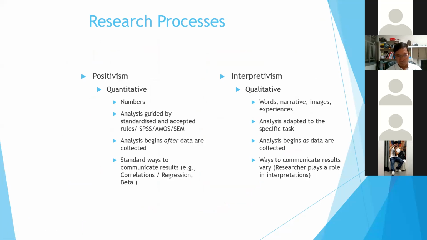There are many software or statistical tools you can use, such as SPSS, AMOS, or Smart PLS, to analyze the data and then present. Whereas interpretivism is qualitative. You go to your people and take interviews, and then analyze the data collected.